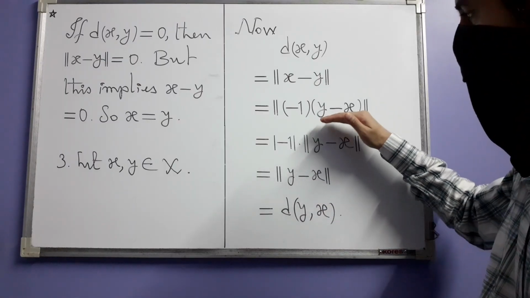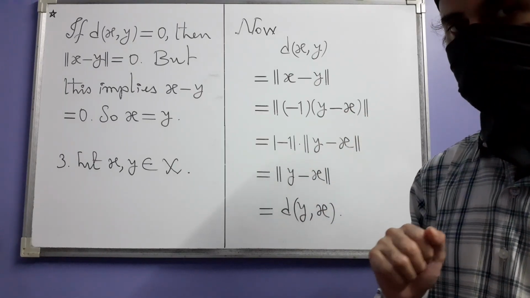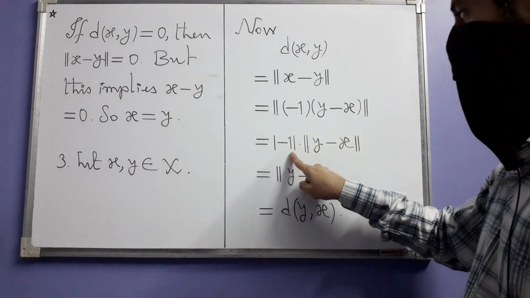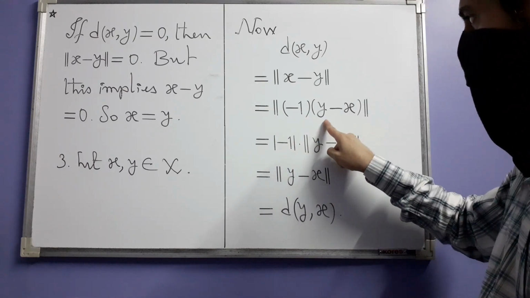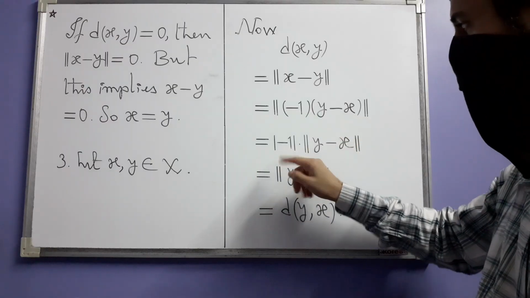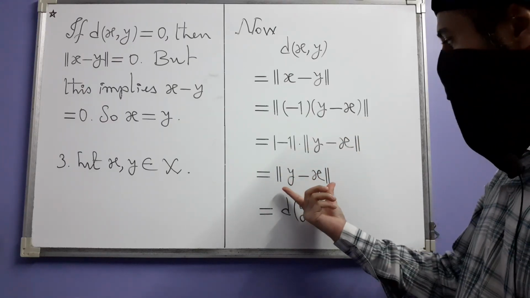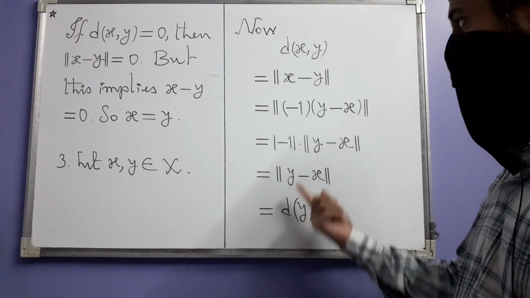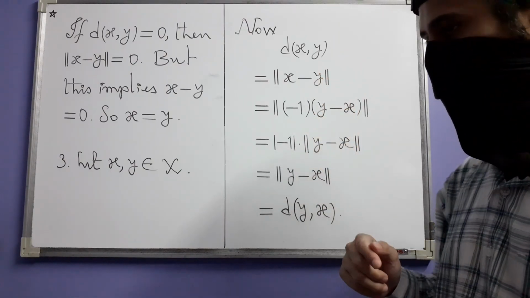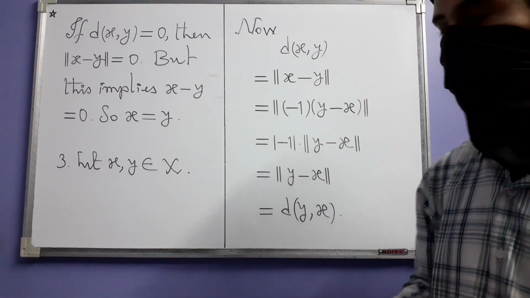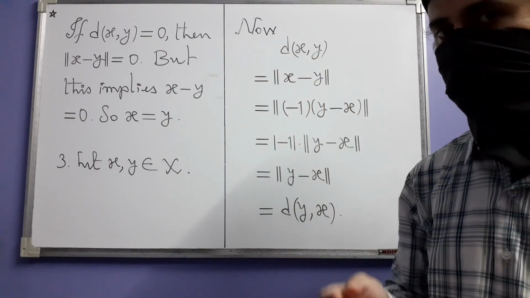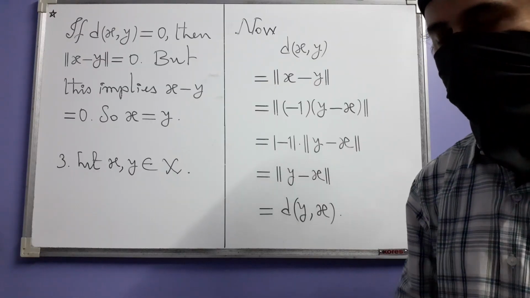But then by the homogeneity condition for norms, the third condition, this norm equals the absolute value of minus 1 times the norm of y minus x. This one of course is 1, so you get norm of y minus x, which is d of y comma x. So you find that the d function is symmetric. Does not matter in which order you consider the vectors, the d value is the same.